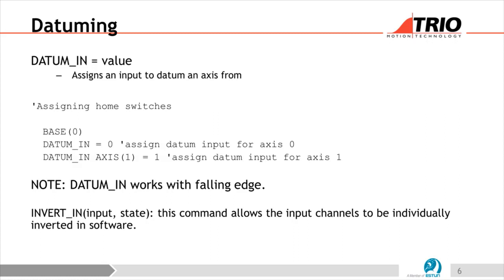Input works on the falling edge, so you have to make your input high first. If you don't want to do that, there is another command called INVERT_IN, which will automatically invert the state of the input. So if it's in the off state, you just have to switch it on to do the datum.